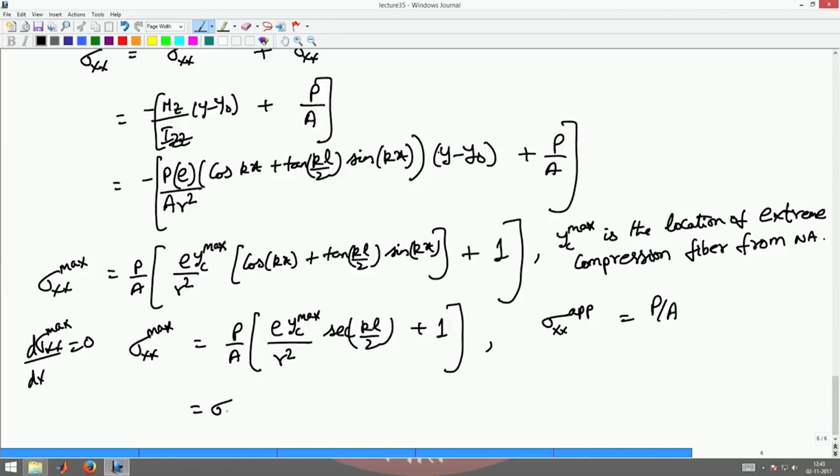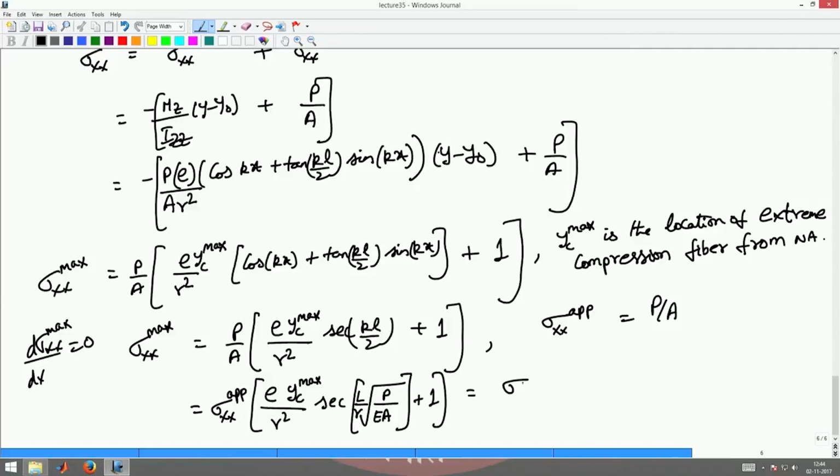So, this will be sigma xx apparent into E yc max by r square into secant square root of p by E a into L by r, where r is the radius of gyration and a is the area of the cross section, plus identity.